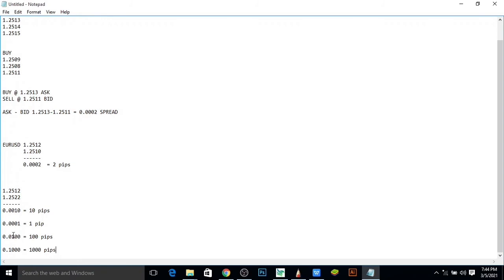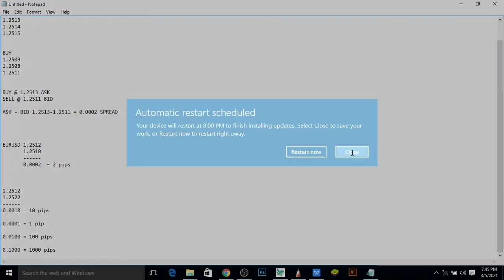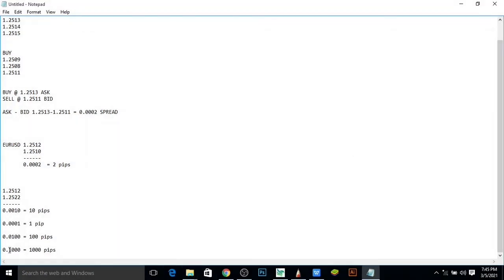So when you have your 1 here, it is 100 pips, right? The next one, the change occurring in the first decimal place, you can consider it as your thousands, right? So when you have that, you have 1000 pips, right?